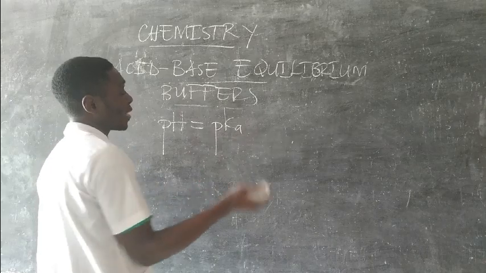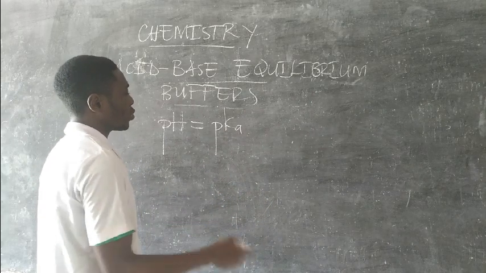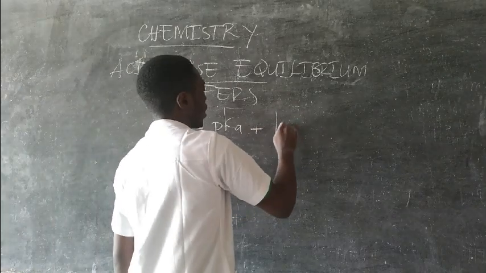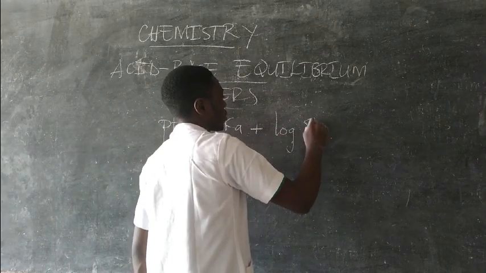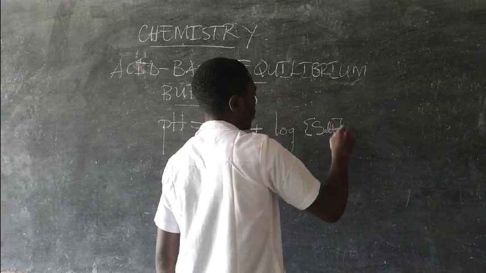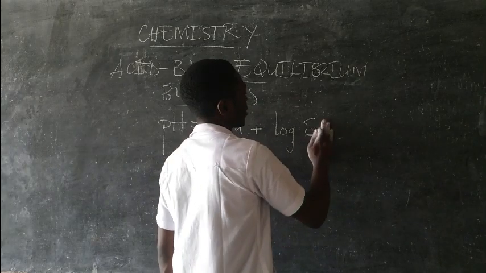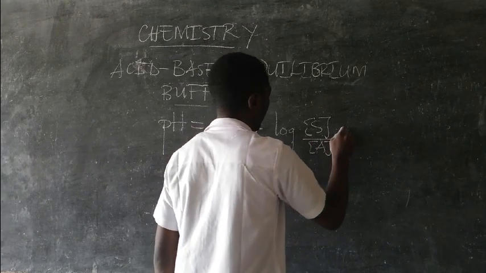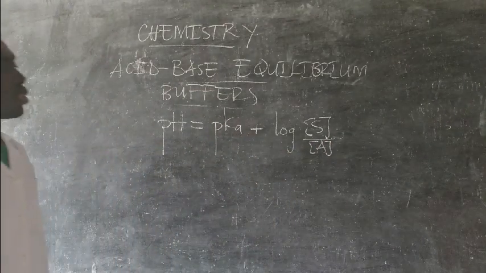Most of the time, they give you the Ka of the acid, so you take negative log to the base 10 of the Ka to have the pKa, plus log of the concentration of the salt, which I will write as S, over the concentration of the acid, which I write as A.